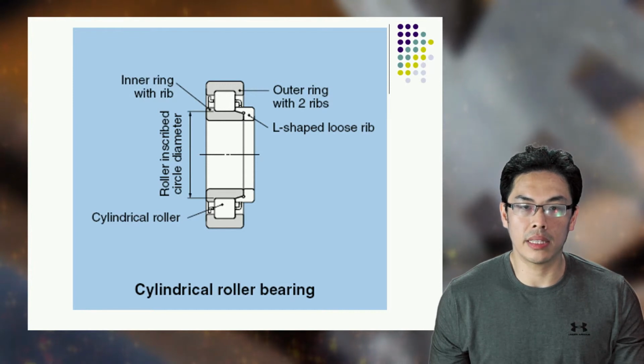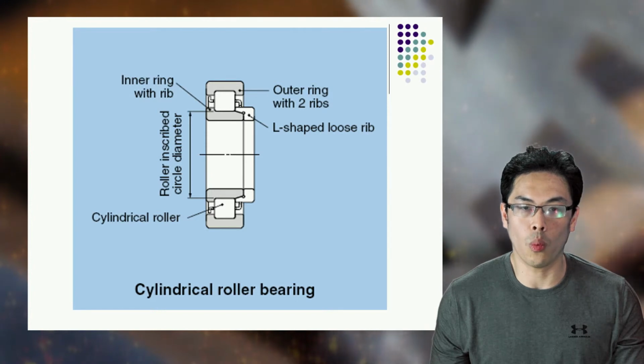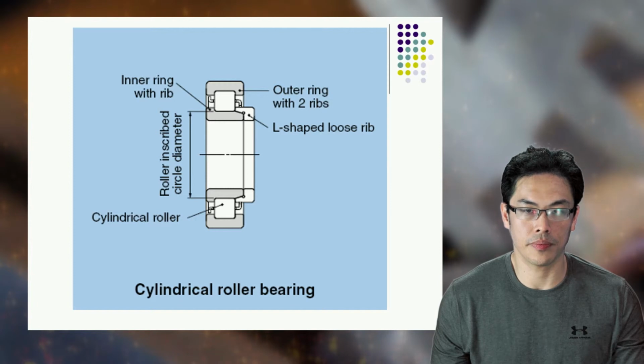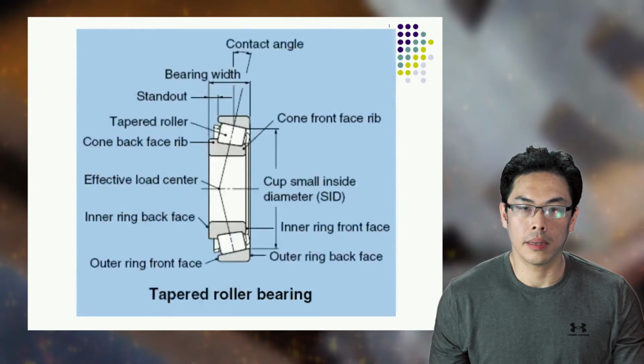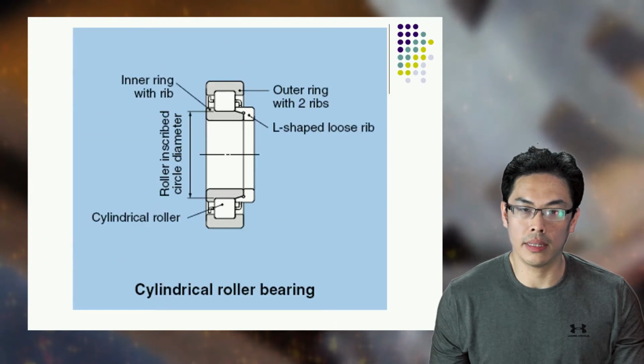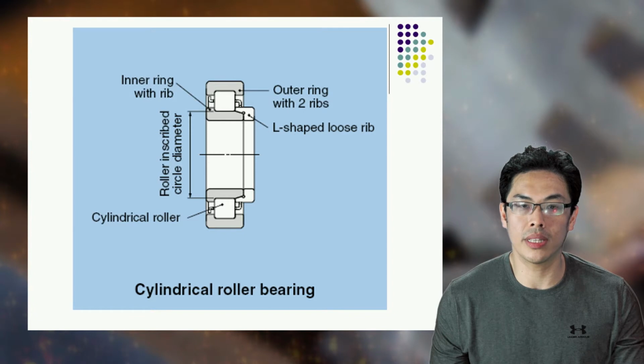Available in many standard series and configurations, they are widely used in multiple industries. The combination of high load capacity, moderate speed rating, and industry interchangeability make it one of the most popular bearing designs.